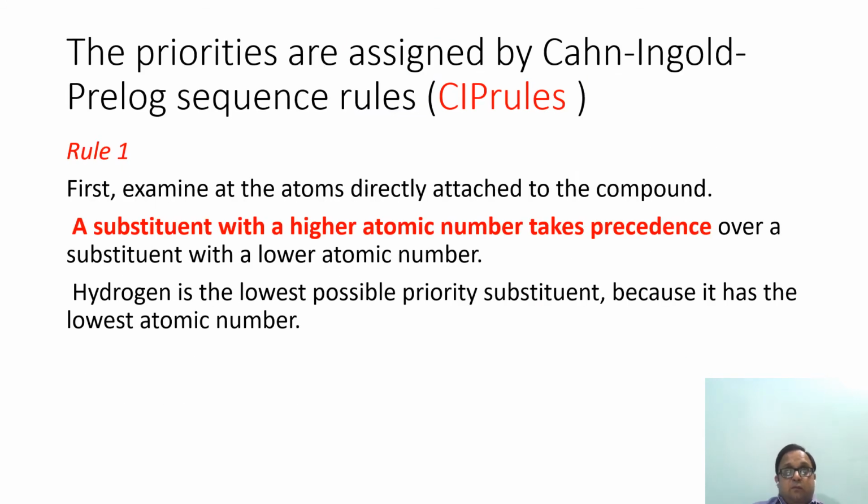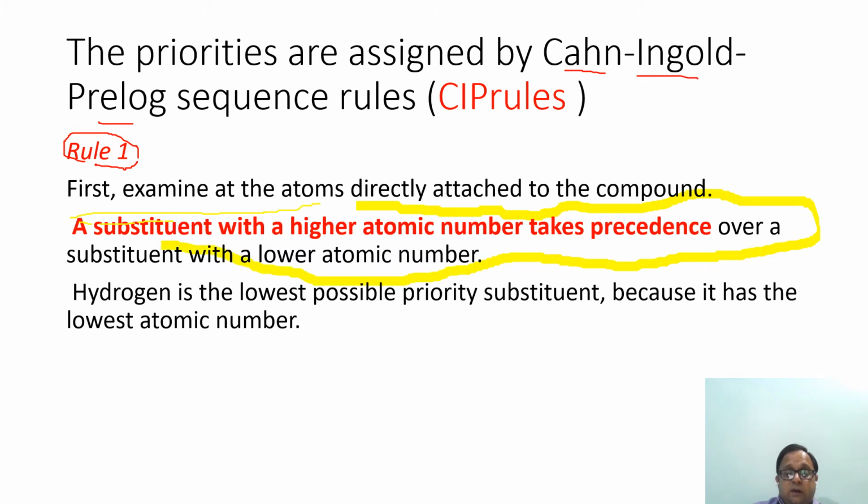So let's have some practice, recalling the CIP rules. CIP stands for Cahn-Ingold-Prelog rules. In the first rule, examine the atoms directly attached to the double-bonded carbon, and the substituent with the higher atomic number takes precedence over the substituent with a lower atomic number.